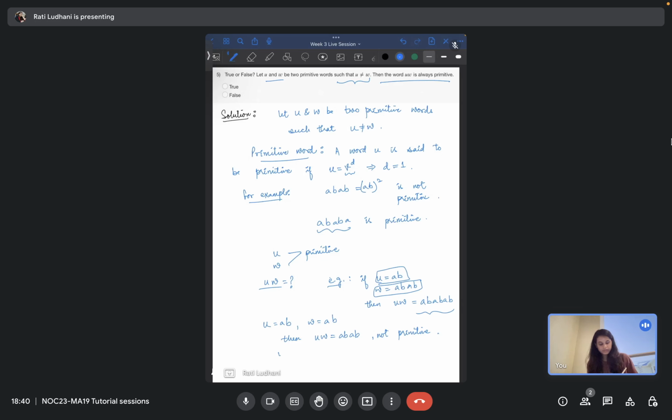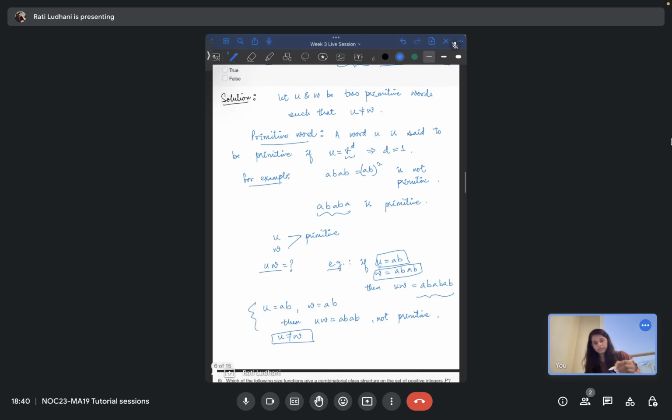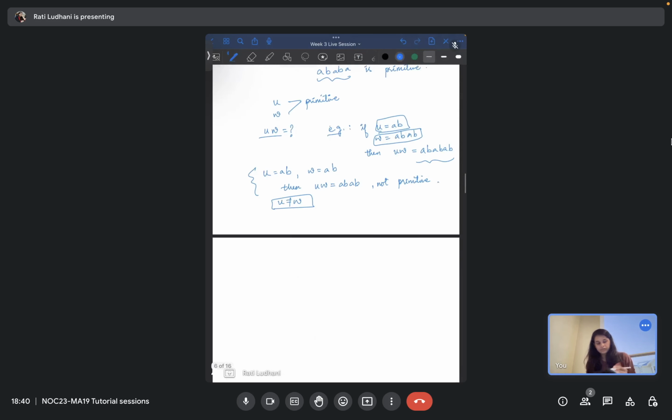But they have said that V is not equal to W. So this is a condition they have imposed, because this is trivially there. So let's see if we have an example. You don't want anything to be repeated here. So let's take ABA, and here you take AB, then these are both primitive.